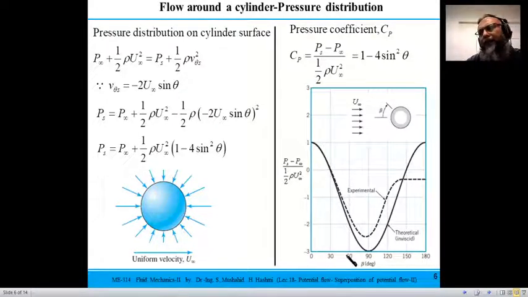And as we move towards the maximum velocity region, or top of the surface, the pressure coefficient departs from the ideal condition, and then there is further deviation from the inviscid flow theory. The reason is that in inviscid flow theory we are not taking into account the effect of viscosity, but there is some friction over the surface of the cylinder, so that's why the pressure coefficient in the experiment differs so much from the potential flow theory.